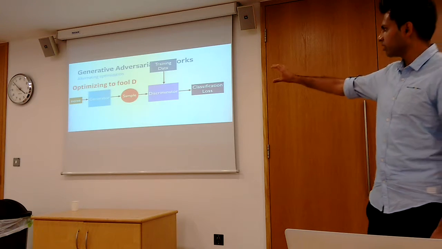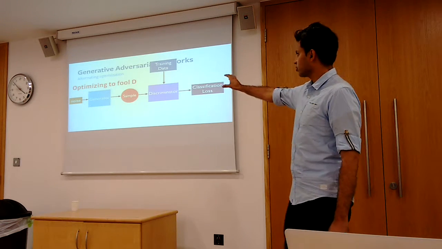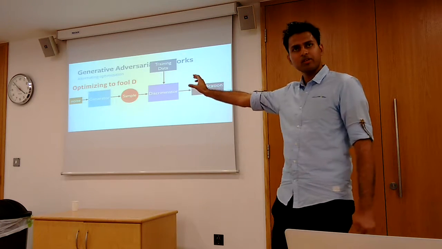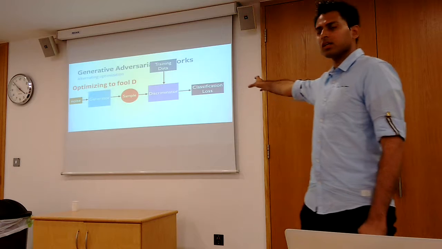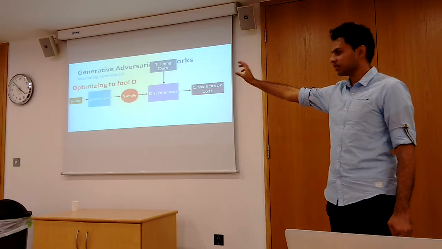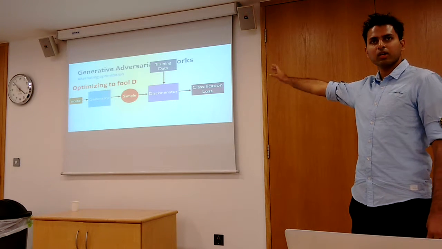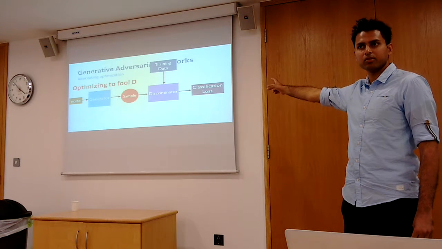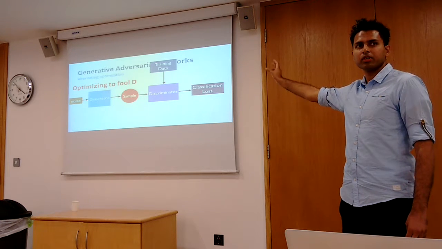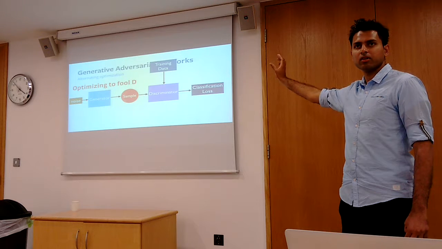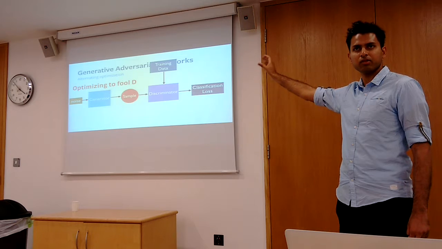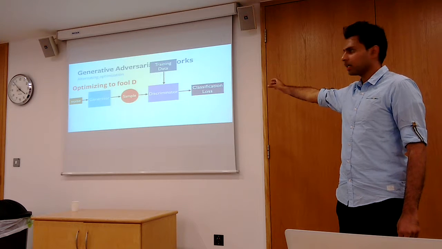And when the generator is being trained, it is being trained to fool D, the discriminator, which means that the generator is trained with the same classification loss, but with inverse labels. That is, the generated images are given a real label, and the real images are given a fake label.